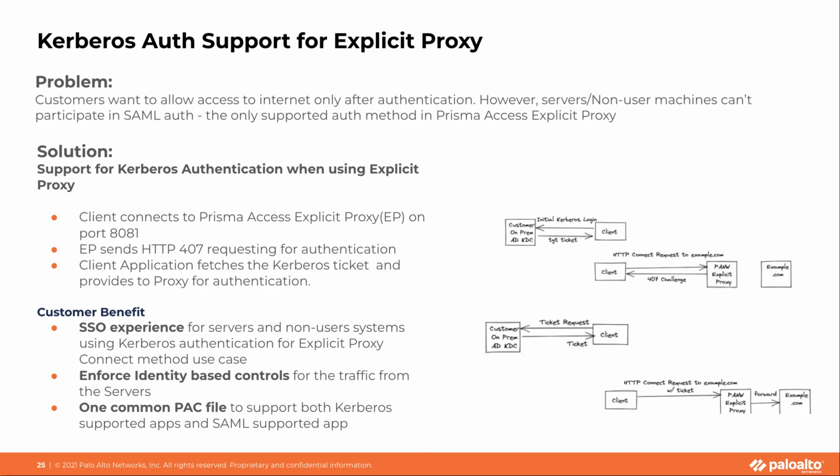So we are enabling that today with explicit proxy in 3.2. Again, this is a 3.2 innovation release that we will be releasing to customers. I think this is already out there, so we will be enabling customers to use this.